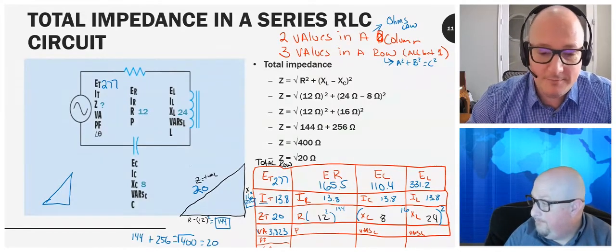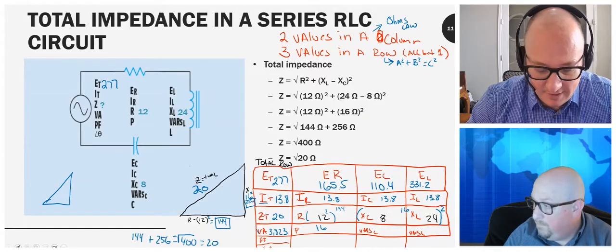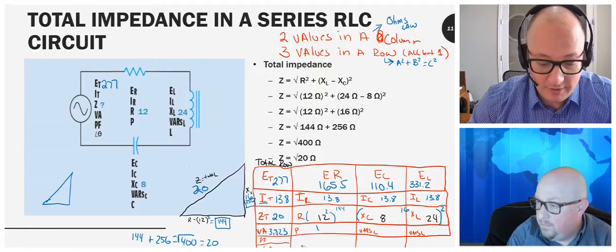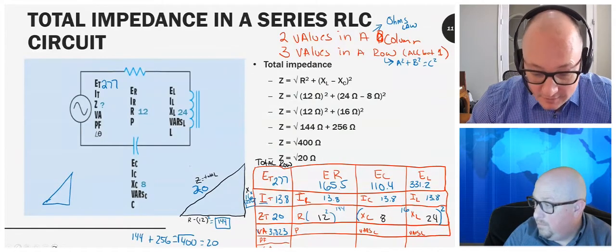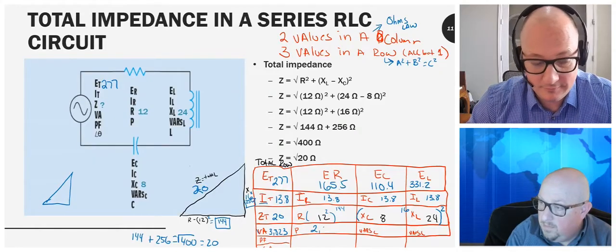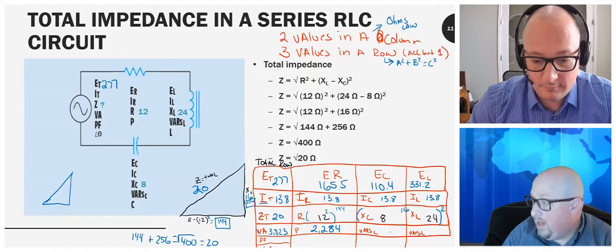True power: 165.5 volts times 13.8 amperes of current is 2,284.